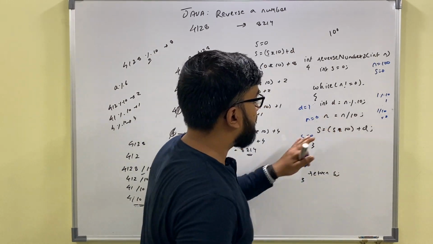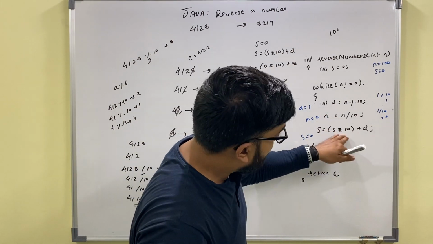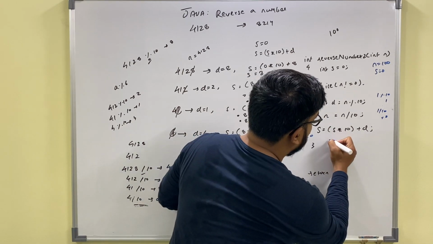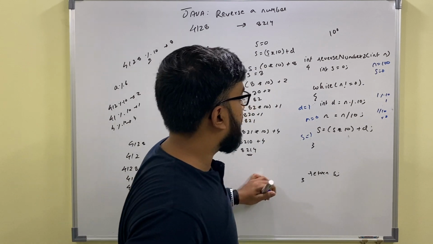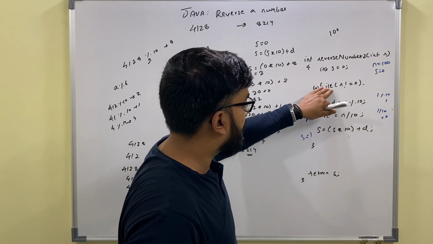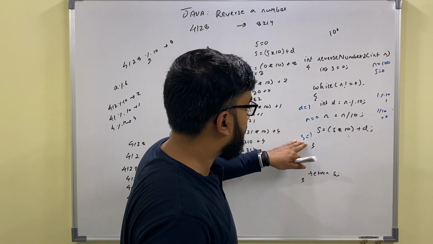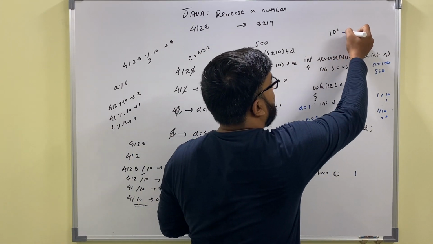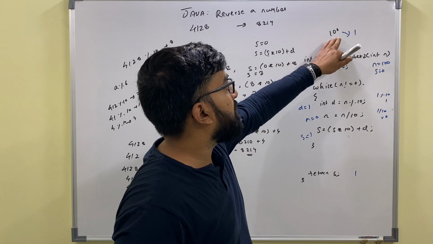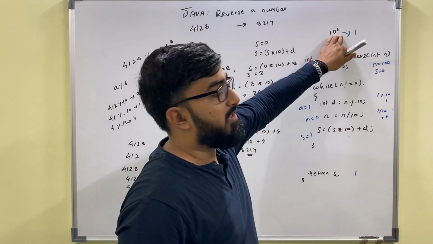Okay, you do s = s * 10 + d, 0 * 10 + d, which gives you 1. So basically s is now 1. Okay, n is 0, 0 != 0 is false. So you return s, return 1. So for the case of 100, you get 1 because we are not able to keep these trailing zeros.